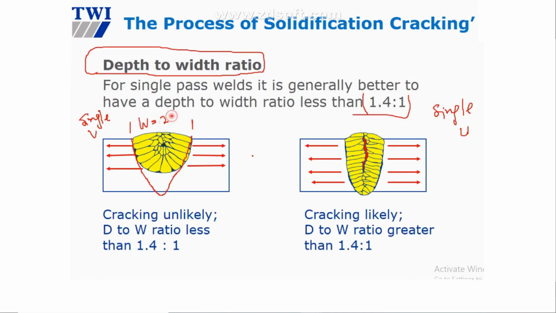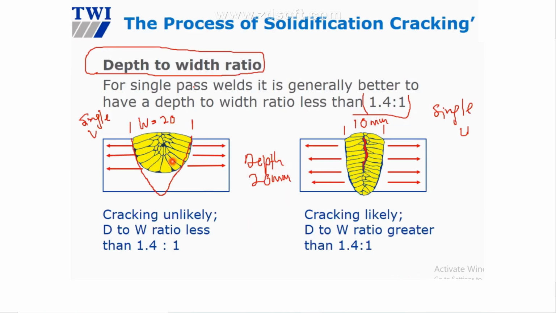And let's say the depth for both of these weldments, we have a thickness of 20 mm. And for the single U, the width let's say is 10 mm, and the depth is the same, 20 mm.